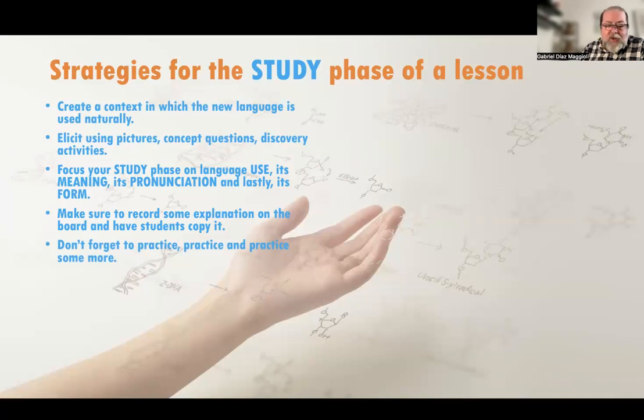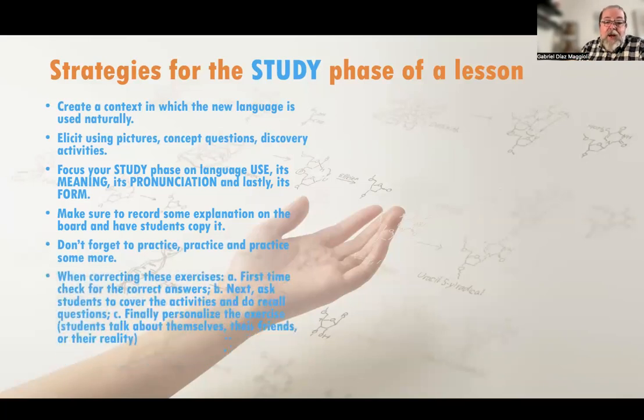Give the students exercises that go from the more controlled to the least controlled. And then when correcting these exercises, and I want to see this in action when I see you, first you check the correct answer. Okay, I can give you the answer for number 1, number 2, number 3, number 4, right?